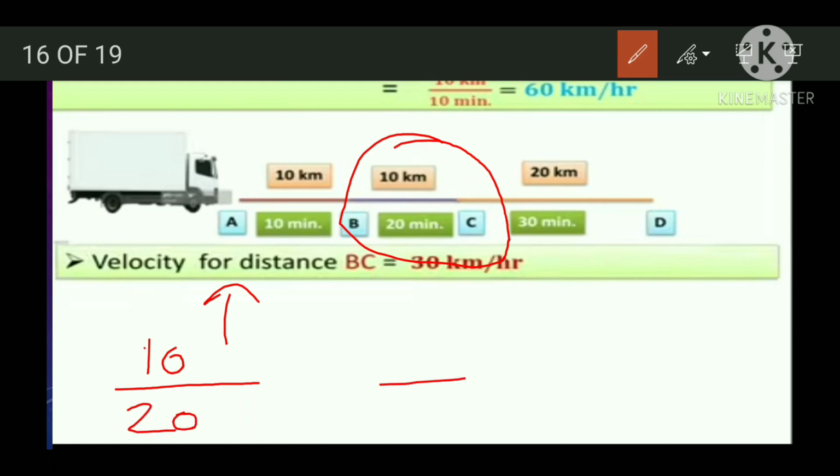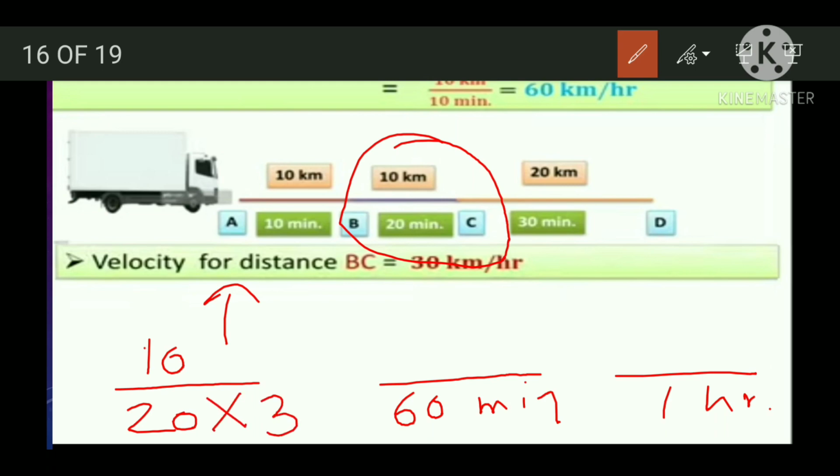So, in the same way, we have to convert this 20 minutes into 60 minutes, which means 1 hour. So, 20 into 3 is 60. Both sides we will multiply with the same digit. 10 times 3 is 30 kilometers in 1 hour. So, this is the velocity for distance BC.